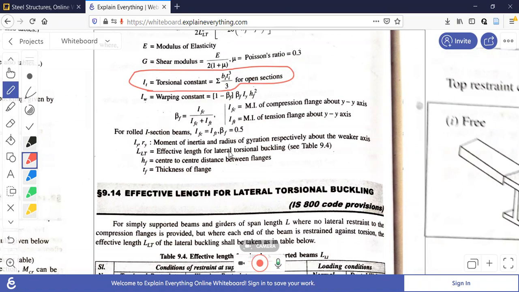Sigma bi ti cube by 3. Somewhere here I need to draw the figure.